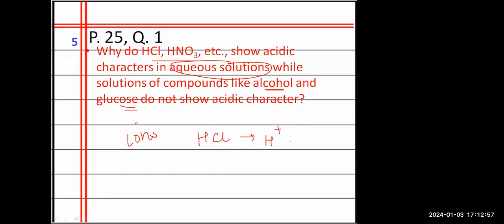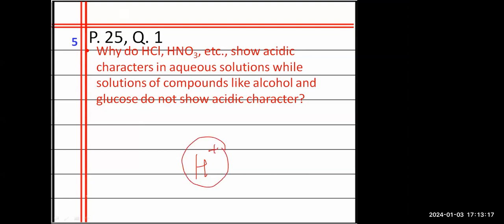It will split into H plus and Cl minus. But C6H12O6 will not produce any ions. So that is why they do not show any acidic character. Basically, for an acid to show the acidic character, these H plus ions are important.